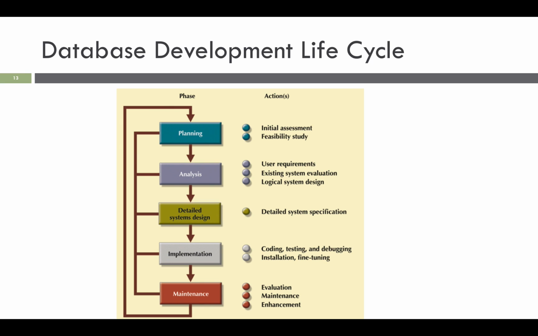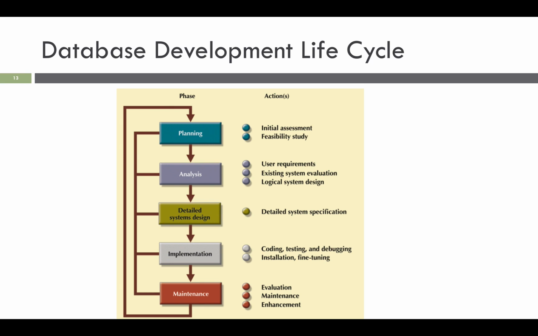Database design and application development is divided into the following 5 phases: planning, analysis, detailed system design, implementation, and maintenance. The first phase is to assess the goal of the organization and study and evaluate alternative solutions.